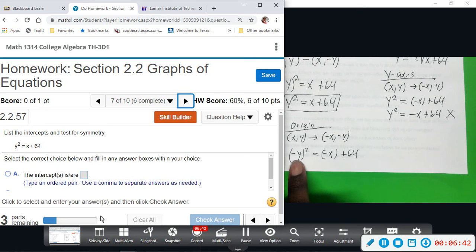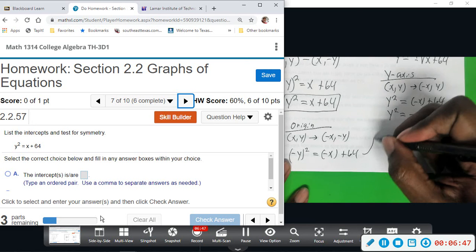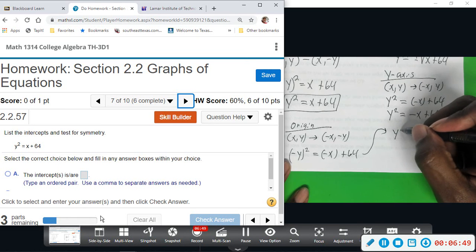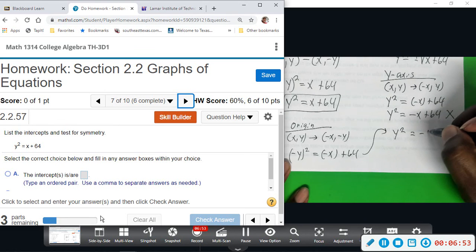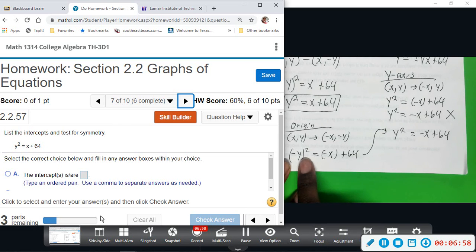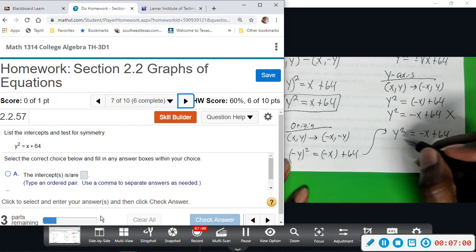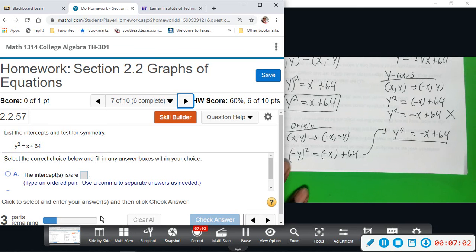Well, when we solve this, the squared will make that positive. So coming up here, we will have a positive y squared. Nothing affects the x, so it stays negative plus 64. All right, so origin does not check out. Okay, it is not the same as what we started with up here.